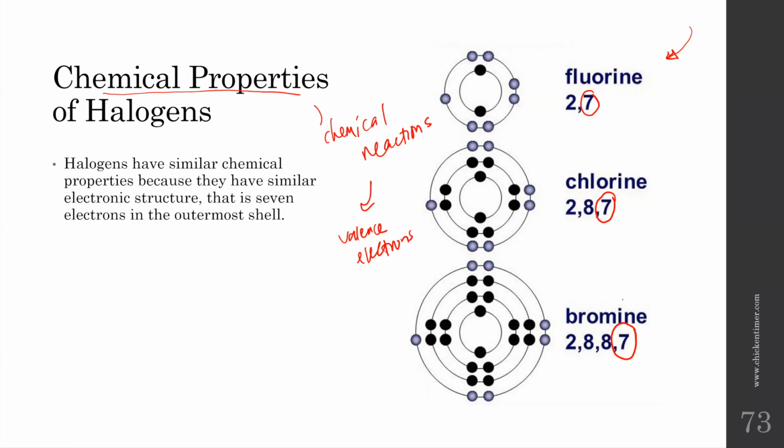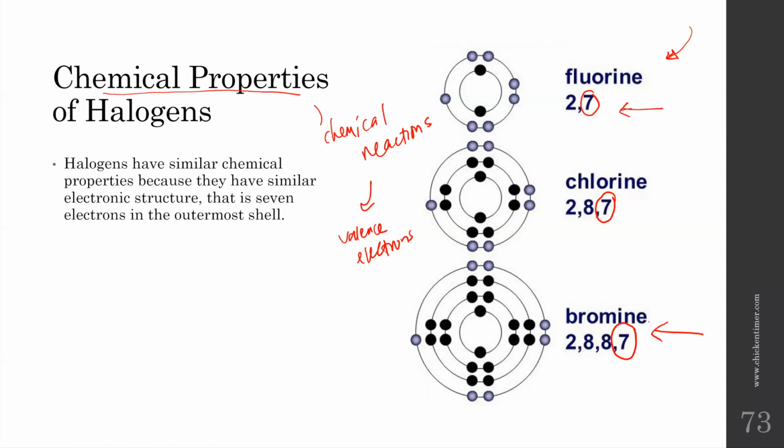So if one fine day you see a question, they say, please explain why halogens have similar chemical properties, or please explain why fluorine and bromine have similar chemical properties. What you would do is give them the electronic structure.